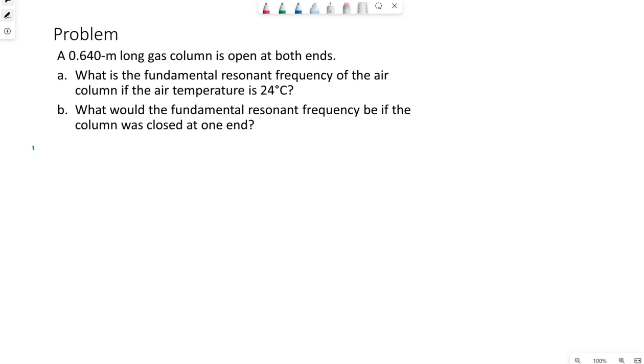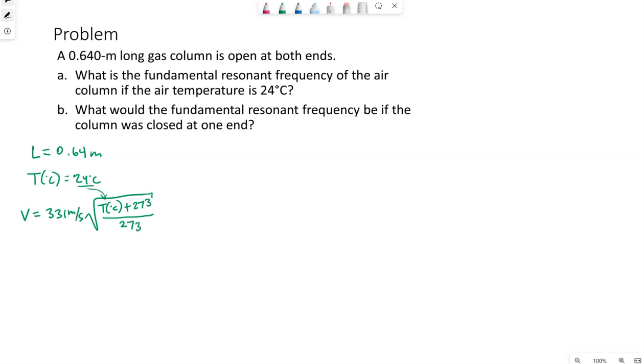All right, so L is 0.64 meters. In this first part, we're given the temperature, which will allow us to calculate the speed of sound. So our equation for the speed of sound is 331 meters per second times the square root of the temperature in degrees Celsius plus 273, all over 273.